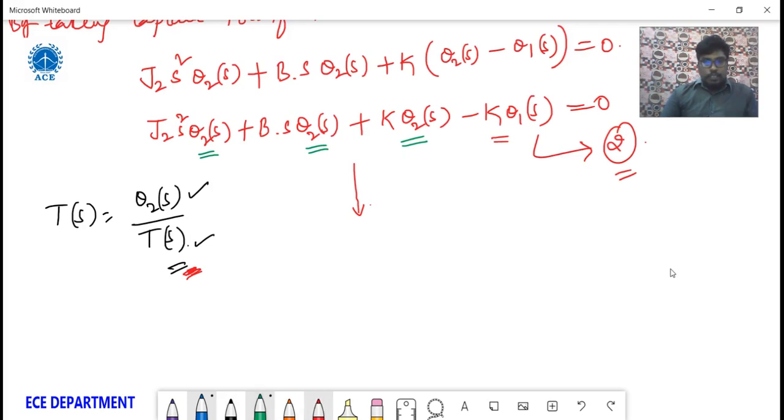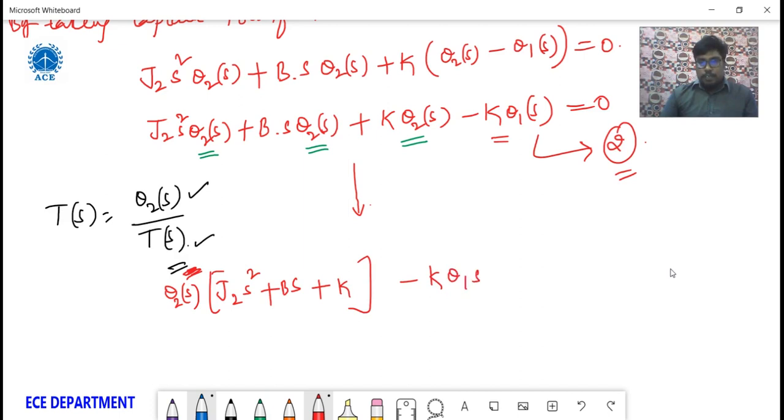Let us write the equation: J2 s square plus B s plus K, with theta 2 of s taken common, minus K theta 1 of s is equal to 0.